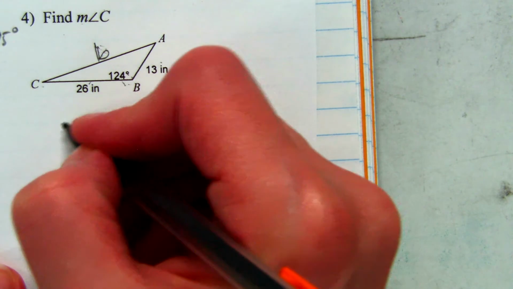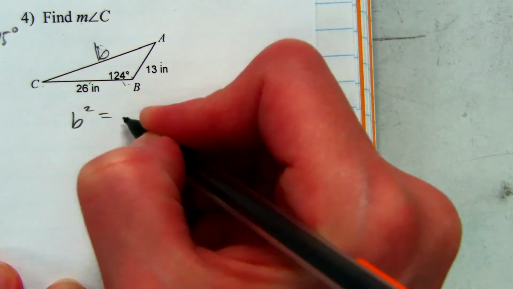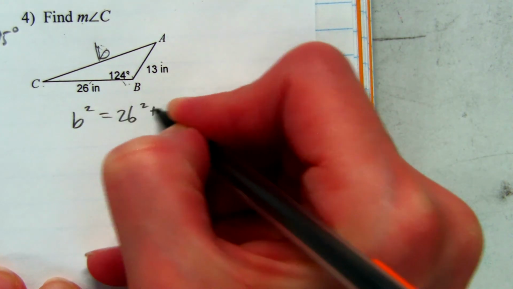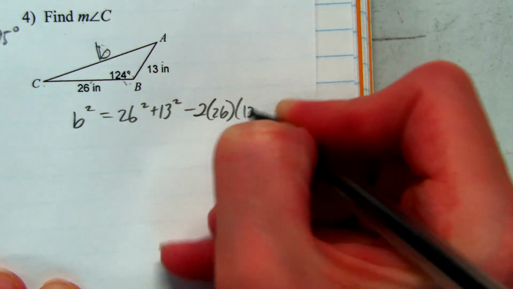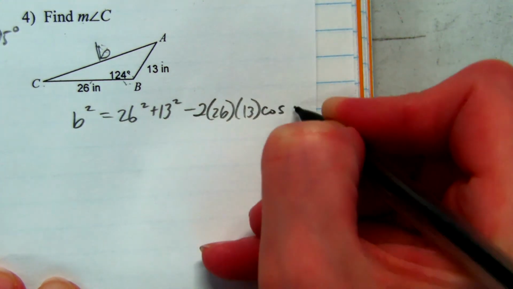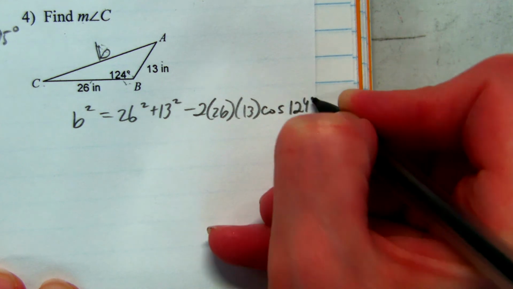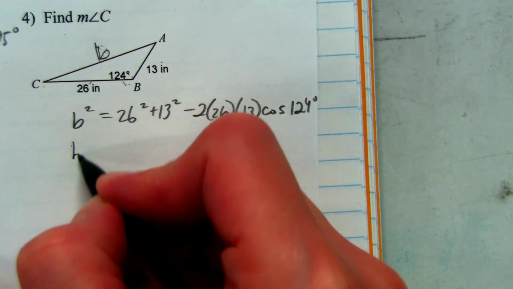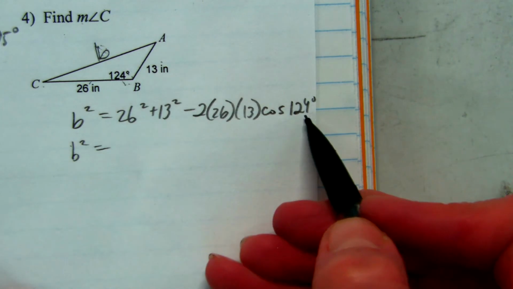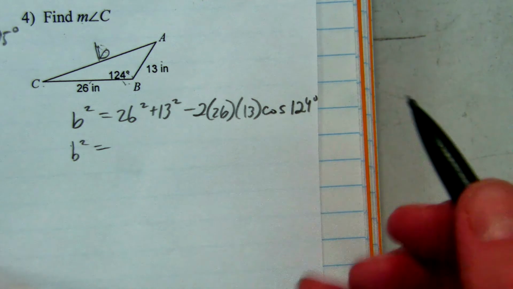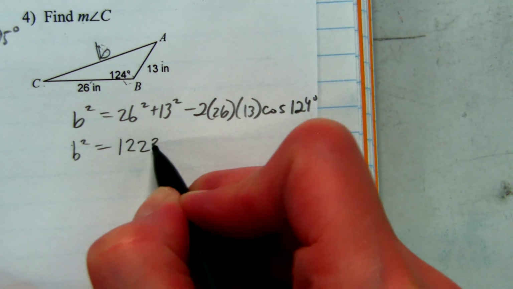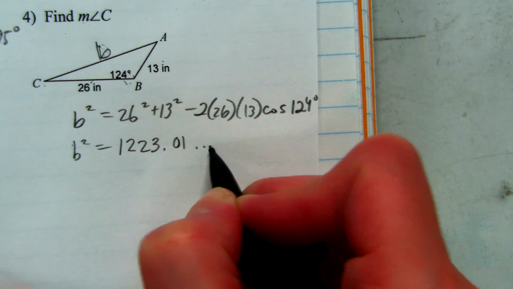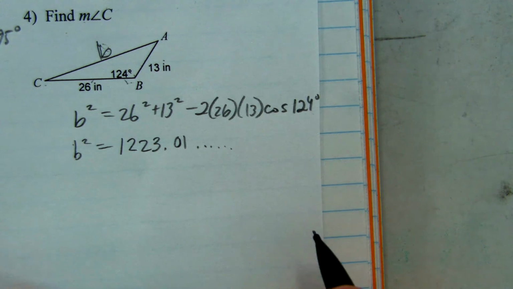So we will have b squared equals 26 squared plus 13 squared minus 2 times 26 times 13 cosine of 124 degrees. So again, like I said, you can type all of that into the calculator at one time if you want, or you can break it up into pieces. We get 1223.01, and you could keep more decimals than that if you want.